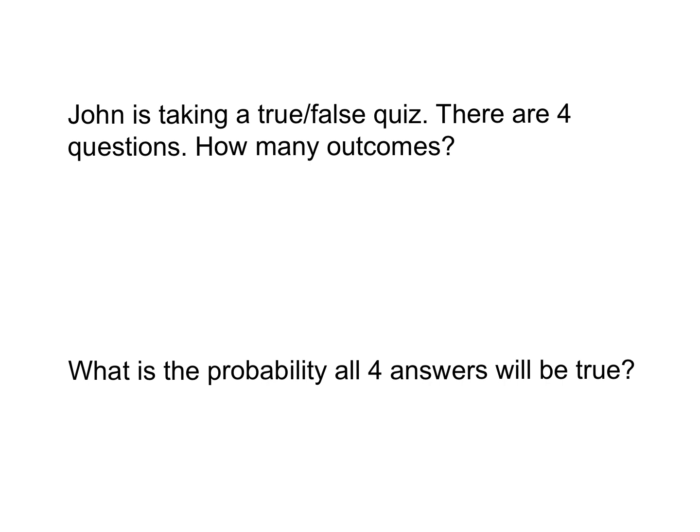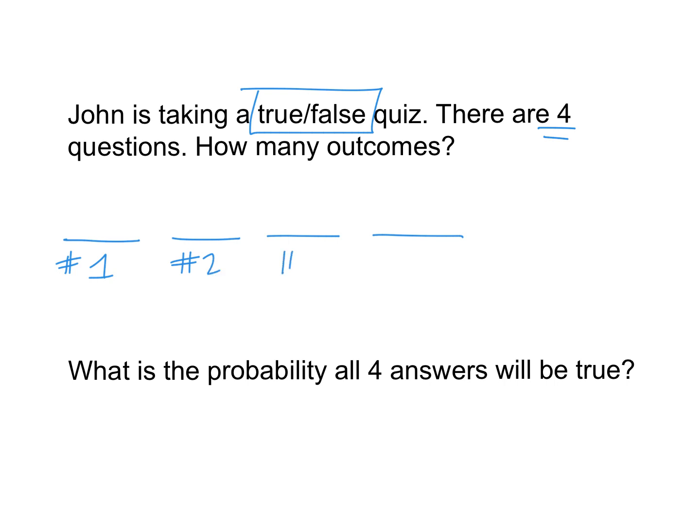John is taking a true-false quiz. There are 4 questions. How many outcomes are there? So 4 questions means question 1, question 2, question 3, question 4. And we'll do that. Number 1, number 2, number 3, number 4. So we ask ourselves, how many different outcomes are there on question 1?